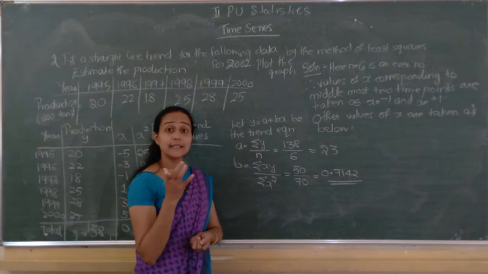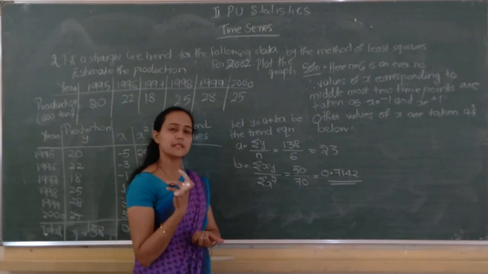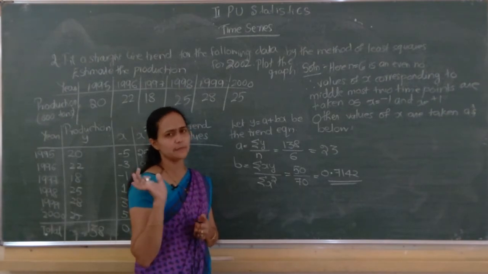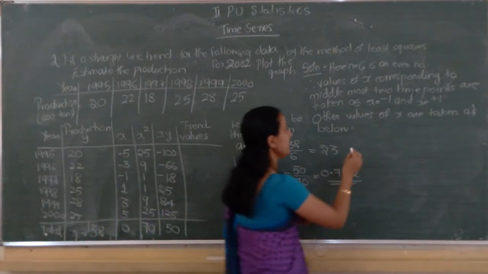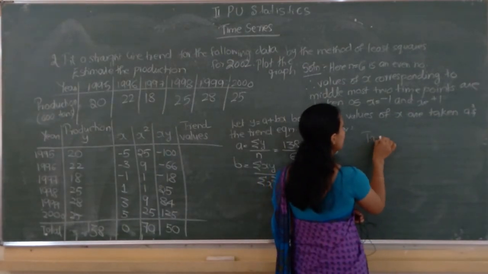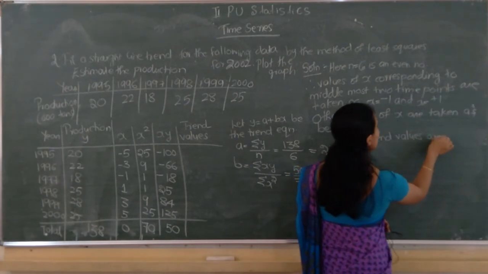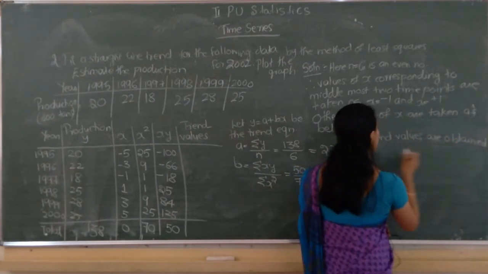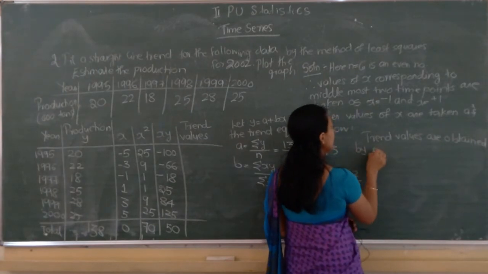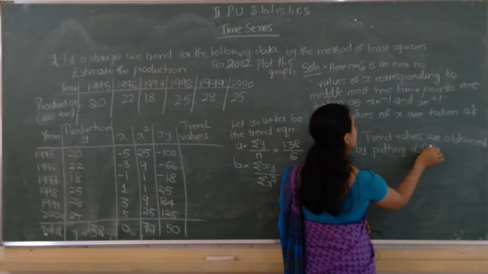Either take 2 digits or 4 digits. 2 digits is also enough, not a problem. If you are taking 0.71, that much is enough. So next, trend values are found by, here you have to write, trend values are obtained by putting different values of x.